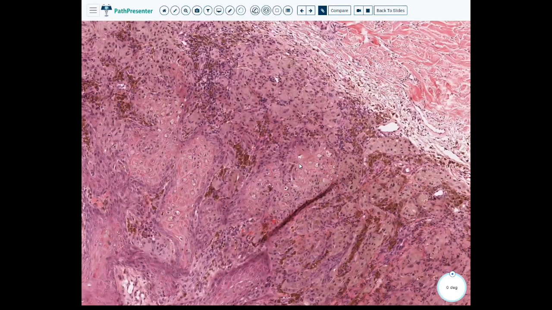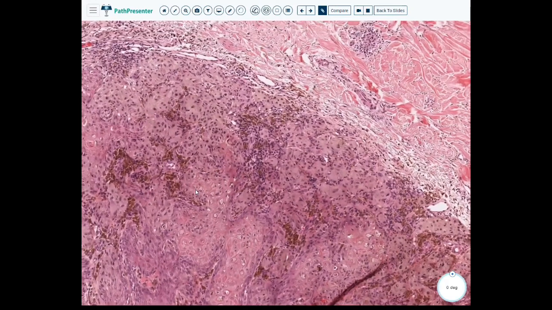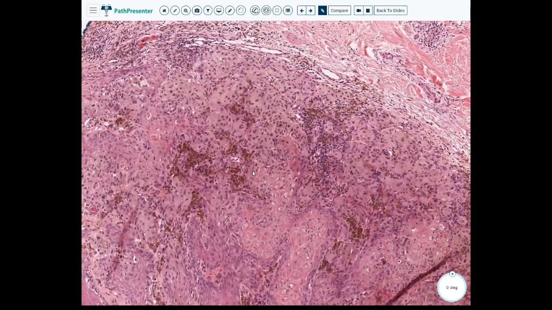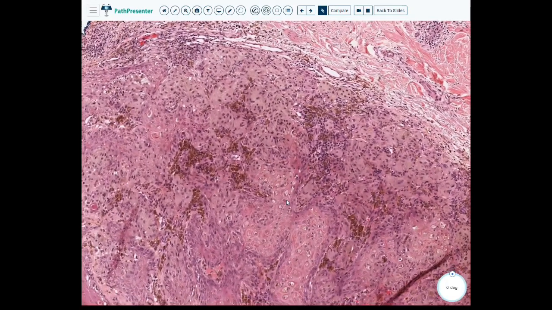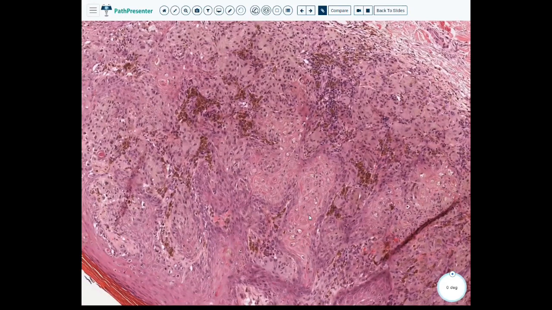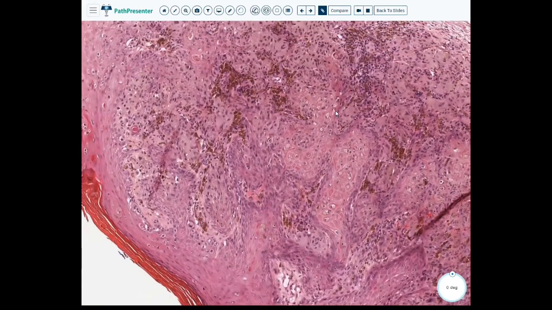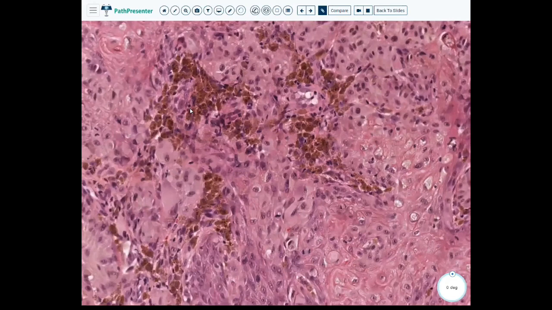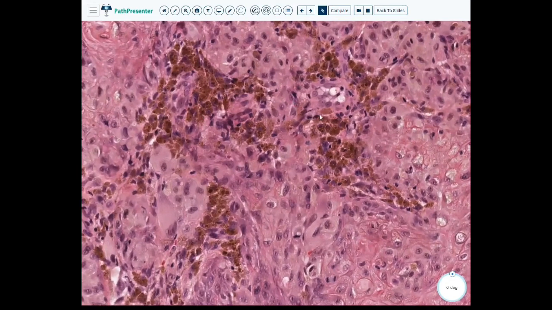So what this actually is, or at least one component of this, which makes it so much fun, is that this actually has a component of squamous cell carcinoma. Okay. And then again, we have a lot of melanophages.